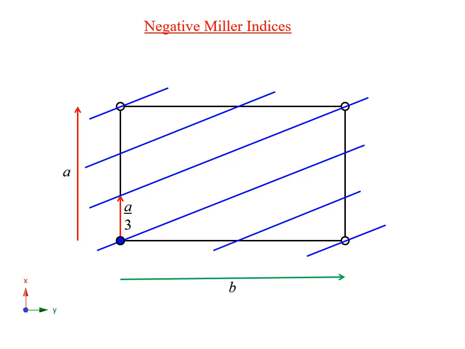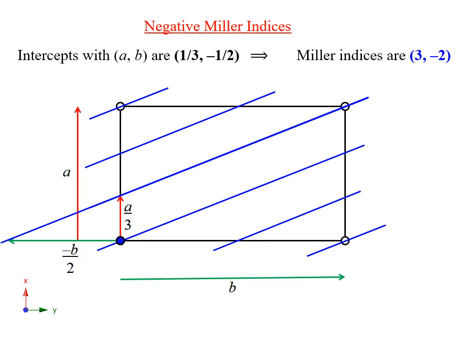Now, if we go halfway along the b-axis, we also have a plane intercepting the axis, but that's not the same plane. It has to be a single plane intercepting both axes. So if we're using A as 1/3, what we need to do is extend that plane down until it intercepts the b-axis, and where it's actually going to intercept is at -1/2 b.